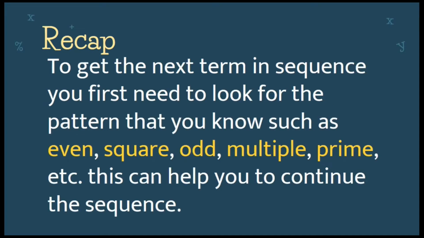And we also discussed that to get the next term in a sequence, you first need to look for the pattern, whether you are dealing with even numbers, square numbers, odd numbers, multiple numbers, prime numbers, etc. And we said that this can help you to continue the sequence.